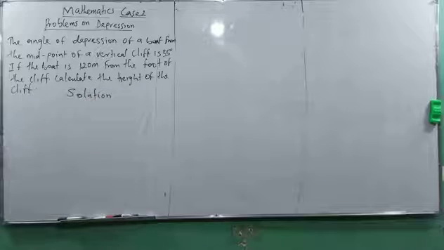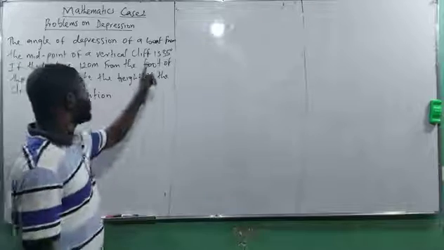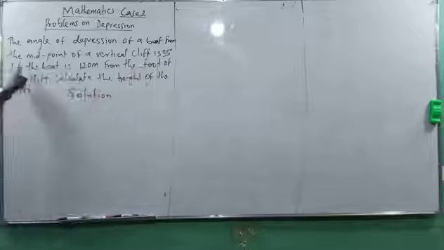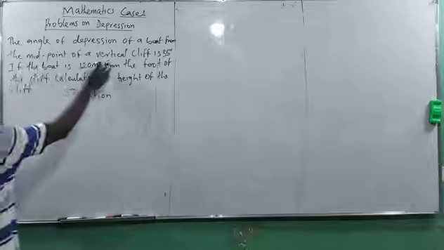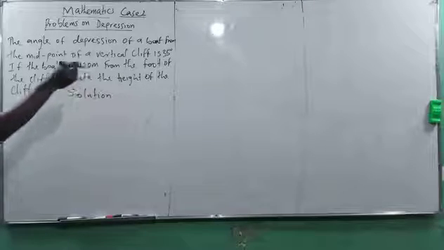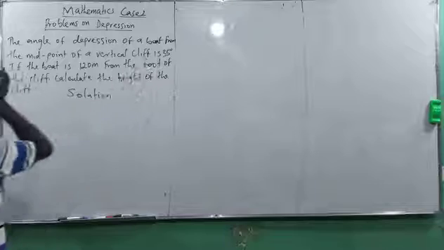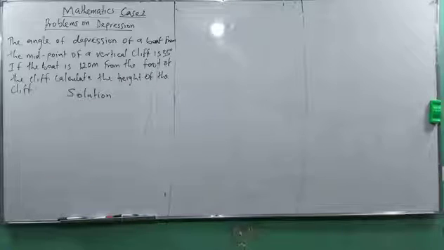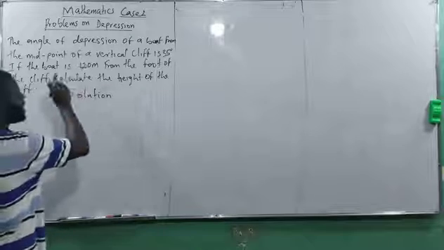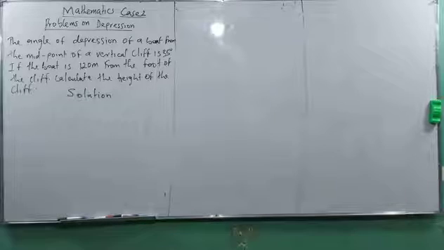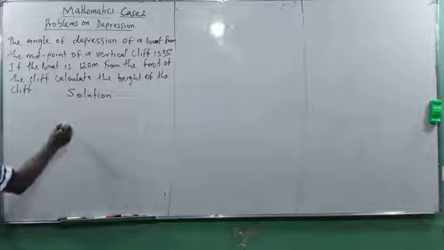Now, the question says, an angle of depression of a boat from the middle point of a vertical cliff is 35 degrees. If the boat is 120 meter from the, okay, now I think it's good to handle the question the way it comes.